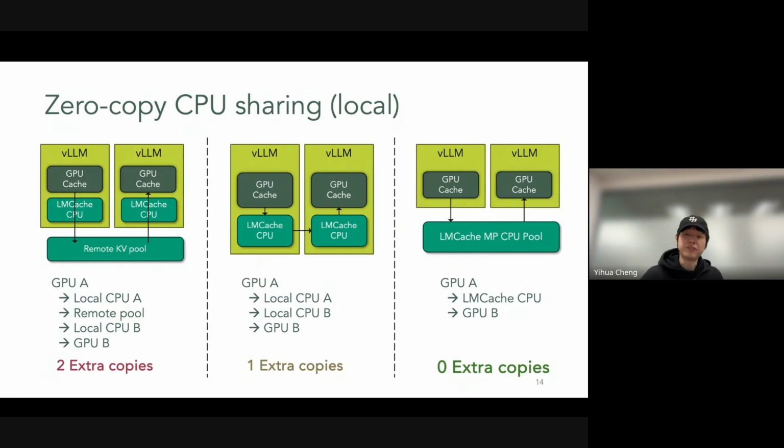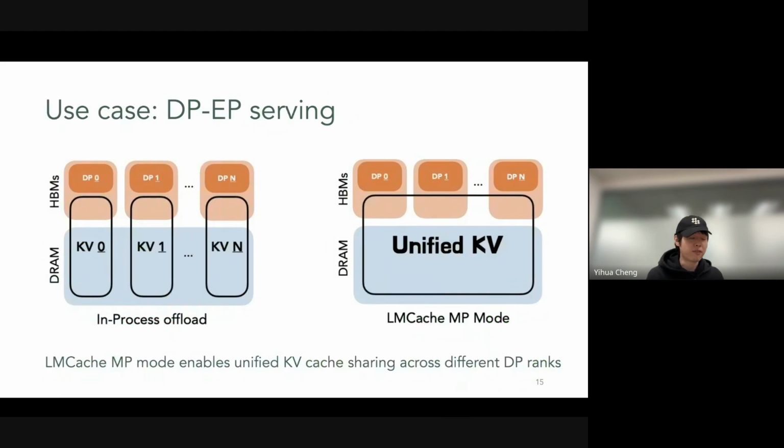To put this into context, why is it useful? There is a very concrete use case for this feature, which is DPEP serving. MoE models are becoming more and more popular these days, like DeepSeek models or the latest Qwen models. Almost all of these models are MoE.